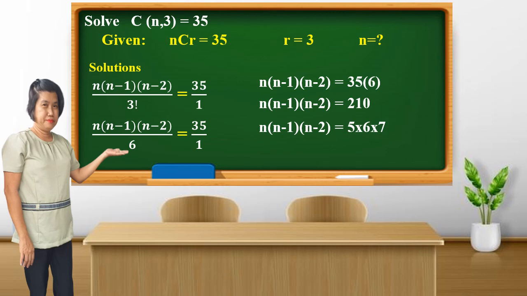And n times n minus 1 times n minus 2 is equal to 5 times 6 times 7. You're going to look for 3 consecutive numbers that will be equal to 210. And that is 5 times 6 times 7. So n is equal to 7.